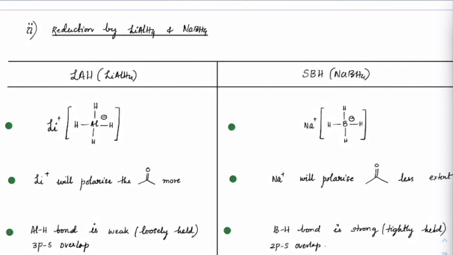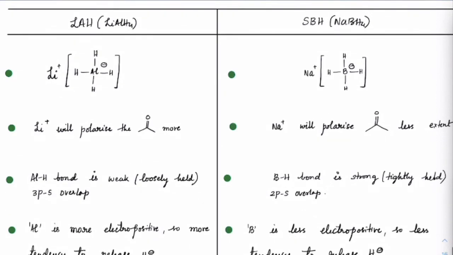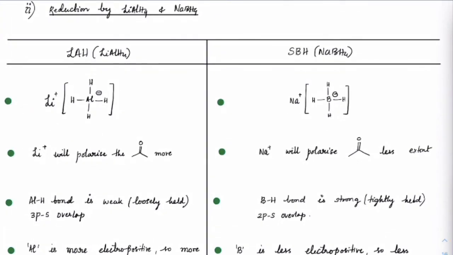Okay, a lot of usage is there. So let us go point by point and understand the differences between them first. Give the heading as reduction by lithium aluminum hydride and NaBH4, and if possible just write it like a table. It will be easy to compare both of them.